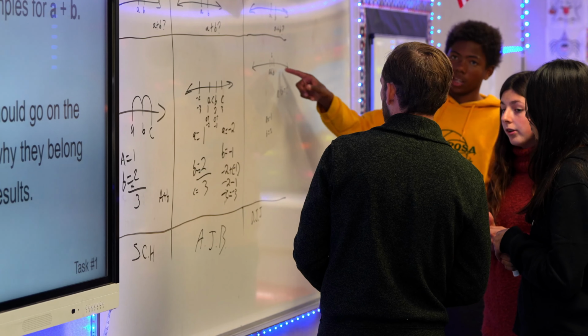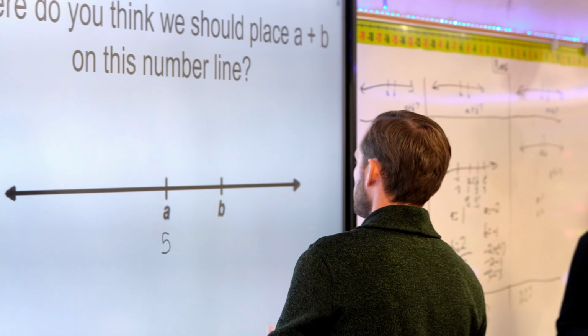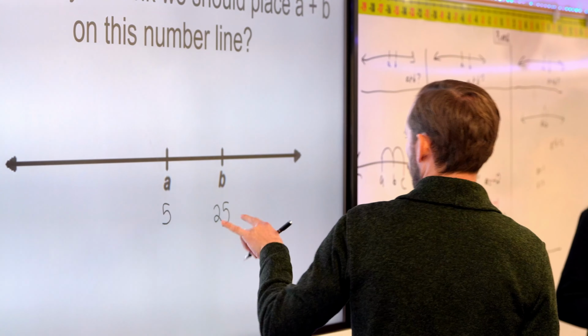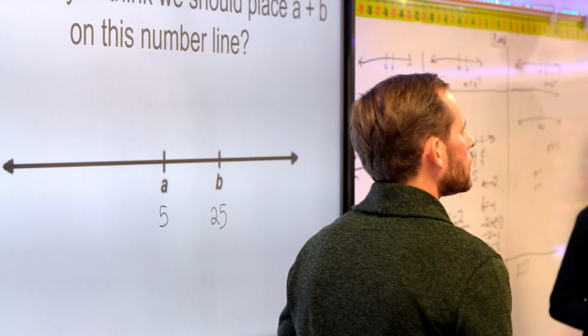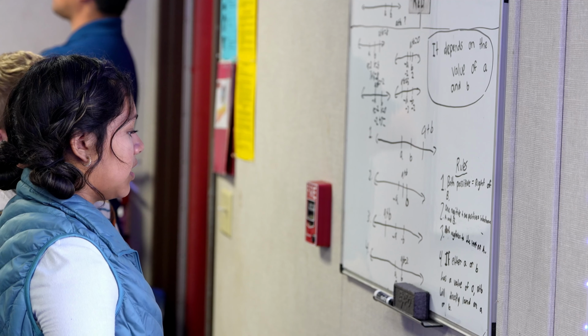I also was surprised and really enjoyed by how they tried to use their experiments to support their conjectures. I tried to encourage them, okay, can you connect your experiment to your conjecture so that if somebody from another group walks up, they can see, oh, here's your theory, here's your evidence, and the connections between those. So you got the visual and then the verbal or the written.